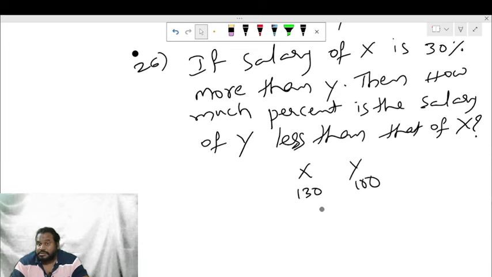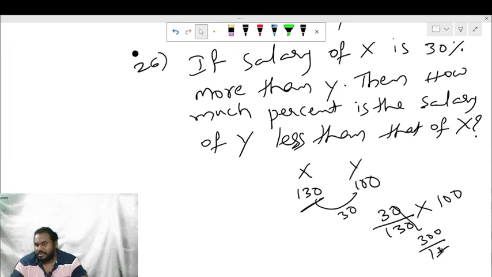And then how much percentage is the salary of Y less than that of X, he is asking. What is the difference? 30. So this 30 should be calculated out of X, because he's asking how much percentage 30 is lesser than 130 directly.